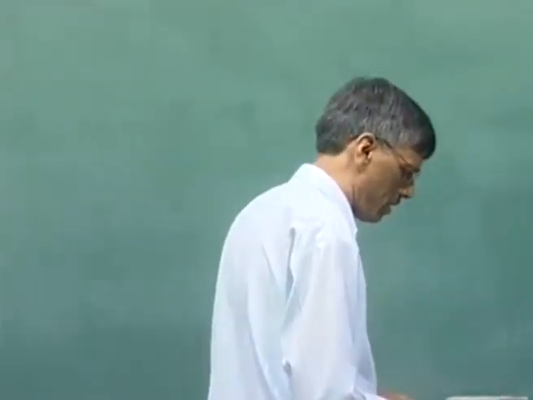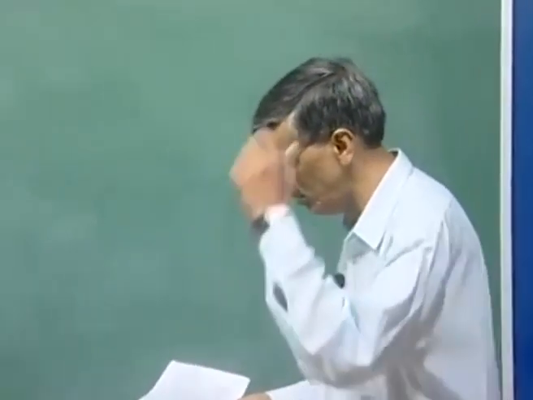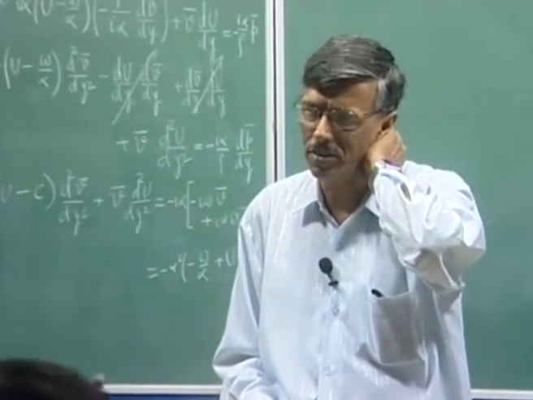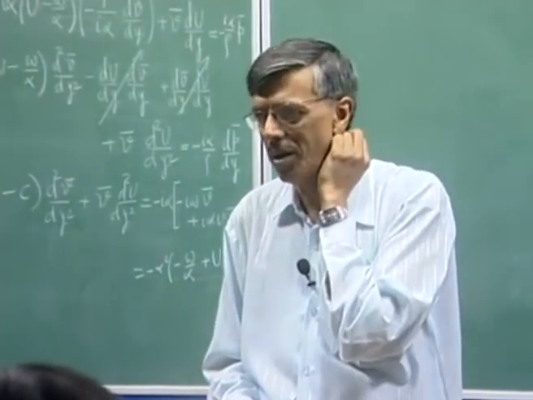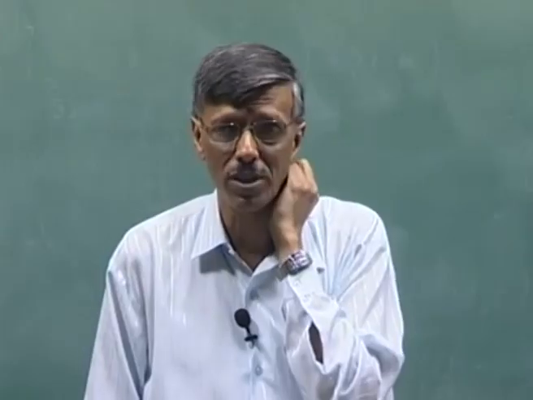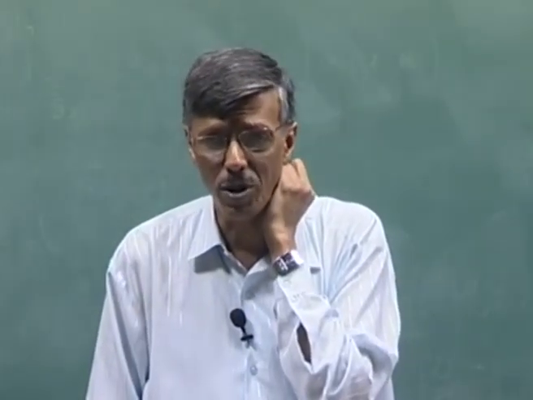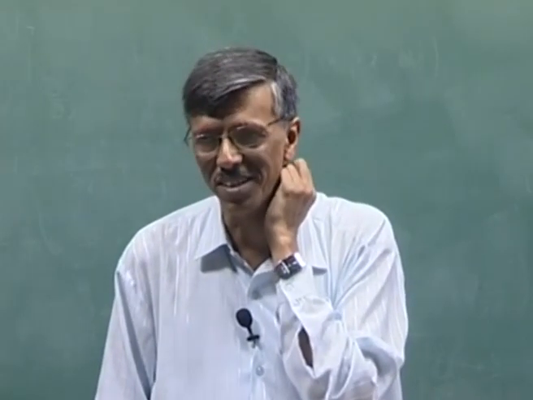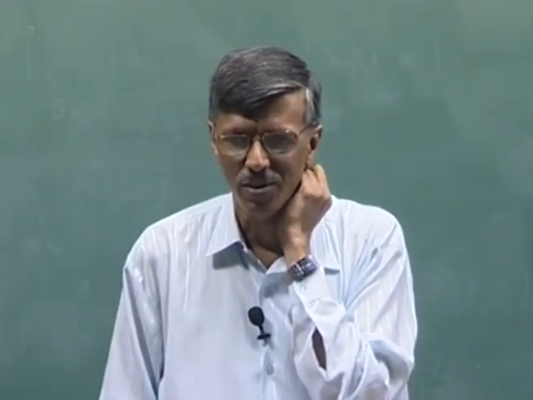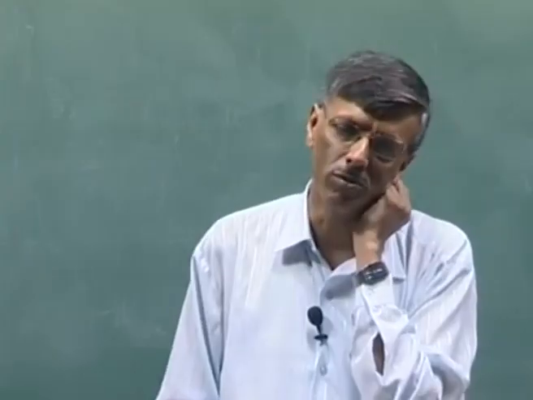So once you have that, it is very easy for you to look at it. Now, I said some time ago that in stability studies, you want to keep the condition as general as possible, and you try to have alpha and omega both complex. That turns out to be quite a difficult thing to do. So we have to adopt a point of view.